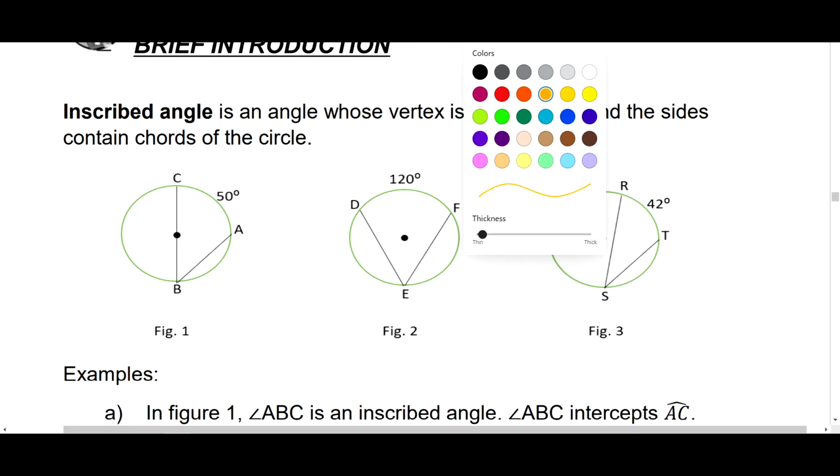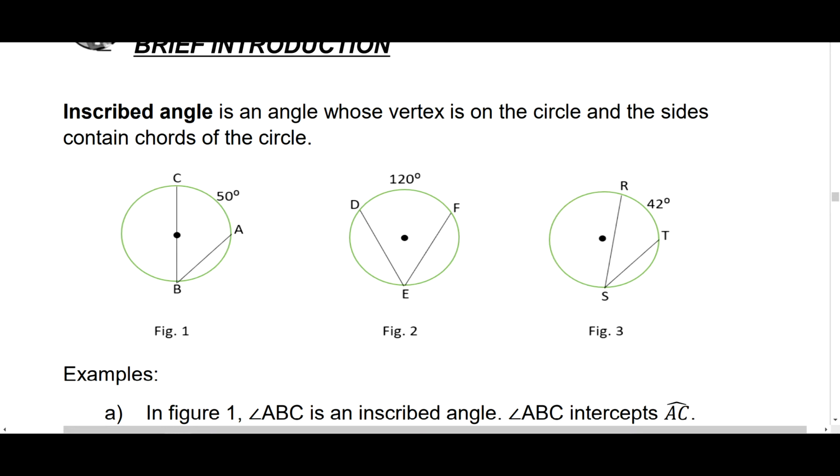Andito yung nabubuo niyang angle. Wala sa center. Kasi kapag central angle, yung angle mo nandito sa gitna. Pero kapag inscribed angle, yung angle mo nandoon sa on the circle.